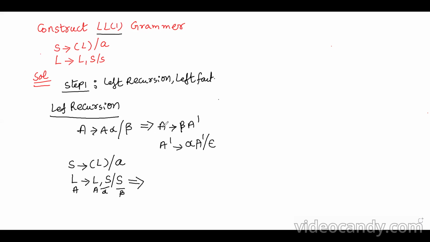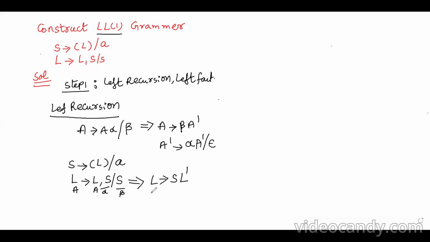What is the answer? A tends to beta A dash. In the given problem, A is L, so L tends to beta. What is the value of beta in this problem? Beta here is S. Now A dash means L dash.